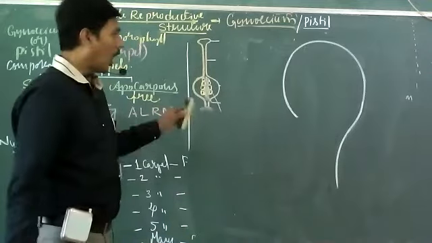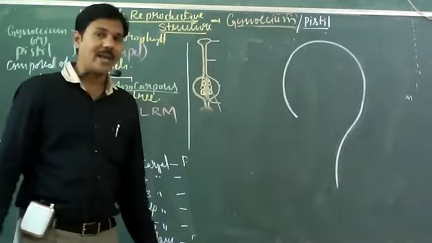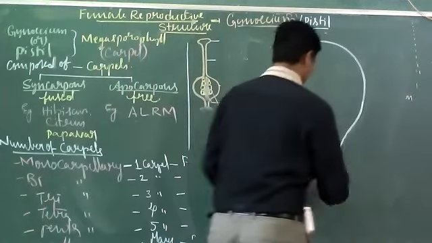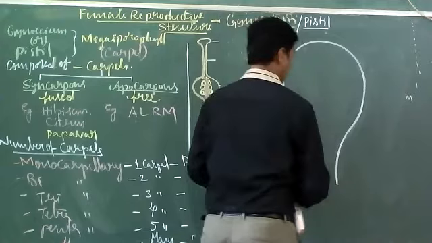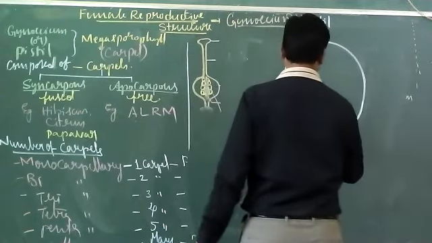So all the ovules attach to placenta with the help of a stalk. The stalk of the ovule is called as funicle or funiculus.